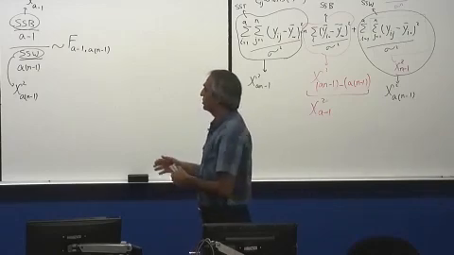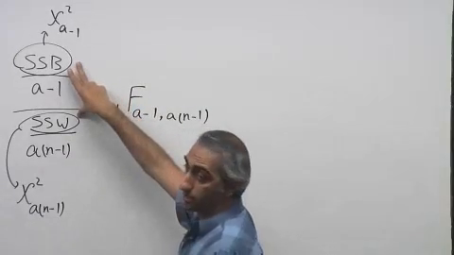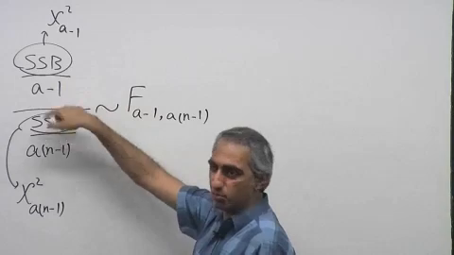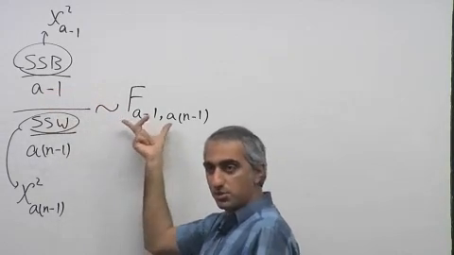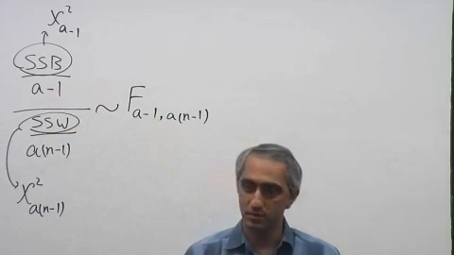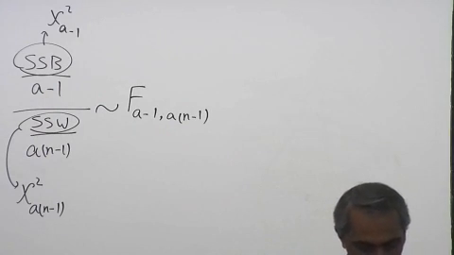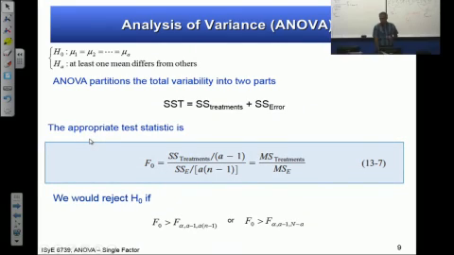I agree this is not exactly a ratio, but we are just multiplying by something to make it a distribution that we know. That's it. So we can call it a scaled ratio or normalized ratio, because we are normalizing with respect to their degrees of freedom. Any questions? So, is it clear?